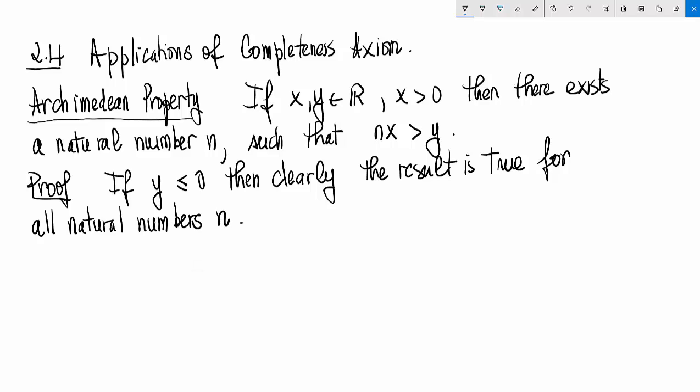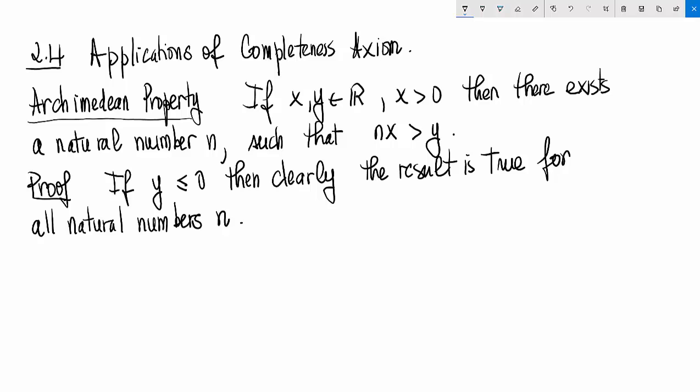Why? Because if I take a natural number, it's positive, and I multiply it by x, which is already set to be positive, then you get a positive number, which is going to be at least 0. So there's really nothing to prove here.